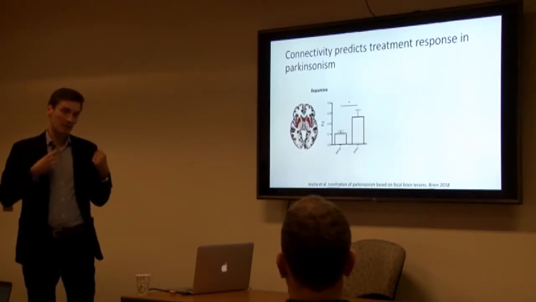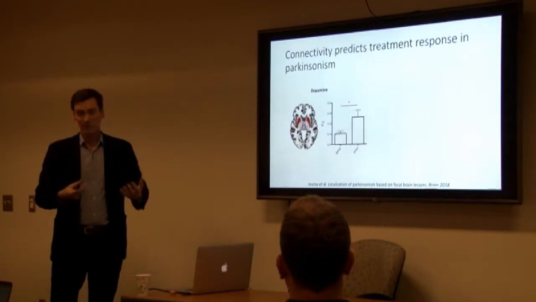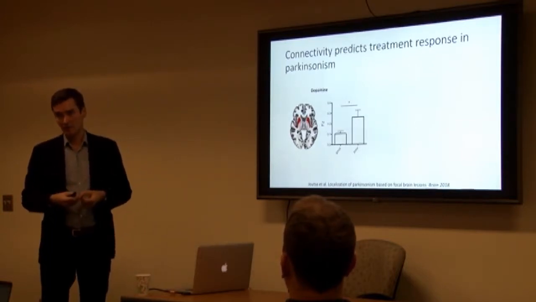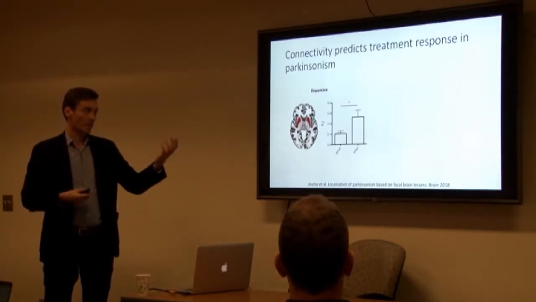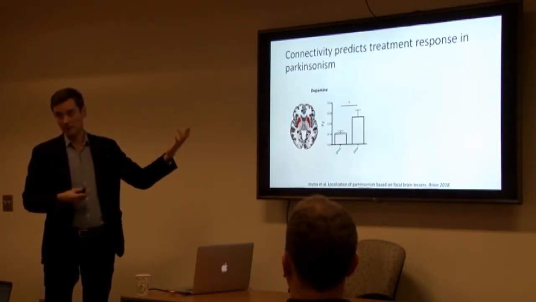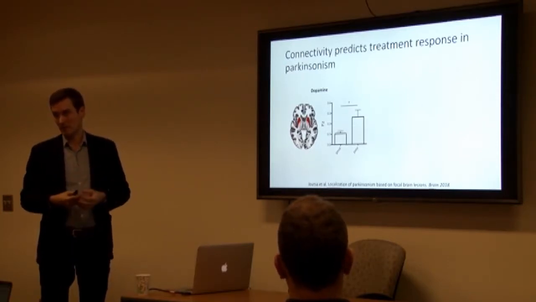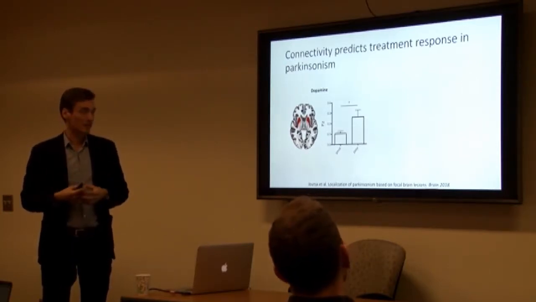So we analyzed whether the lesion connectivity predicted dopamine response. Dopamine acts in the nigrostriatal system in Parkinson's disease, so the striatum is the main site of action for dopamine in this disorder.